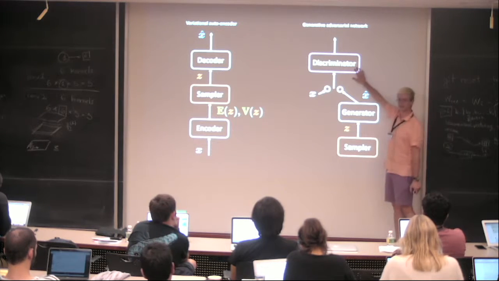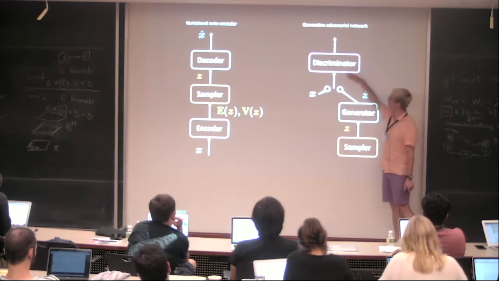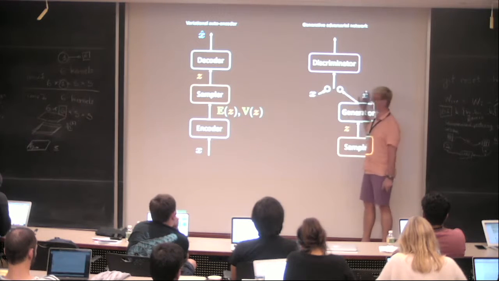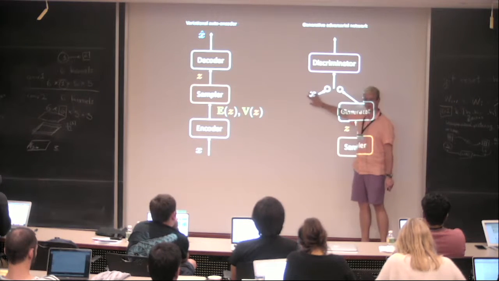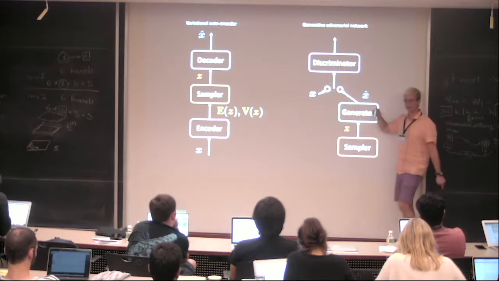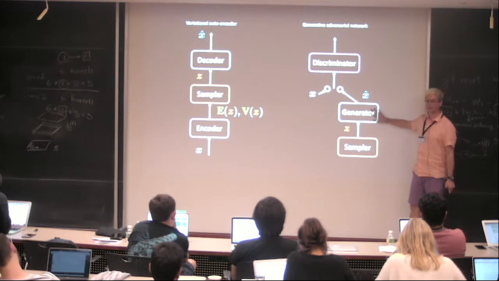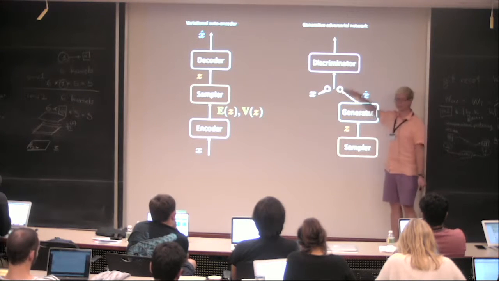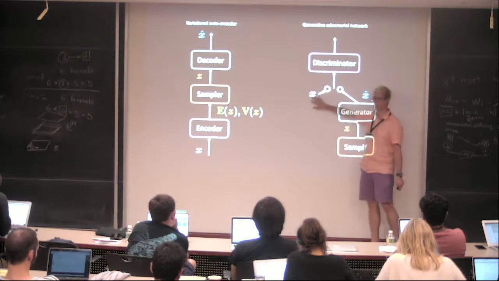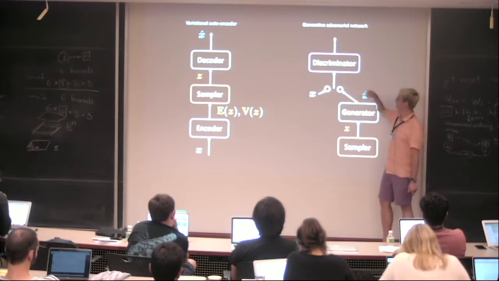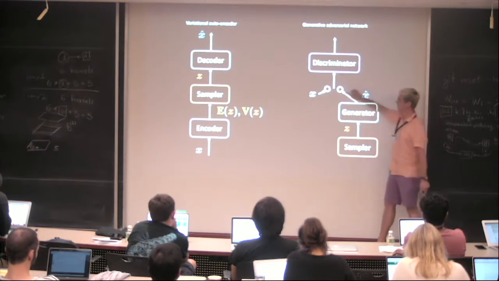So this guy's task is to discriminate between fake input and true input. At the beginning, it's going to be very easy because this is just randomly initialized. So this guy's job is very easy. You're going to see trash here and good things here. The nice point is that this guy is going to provide me gradients through.